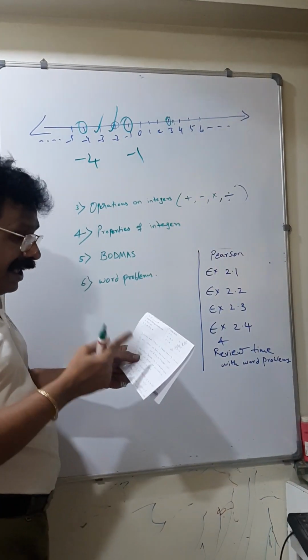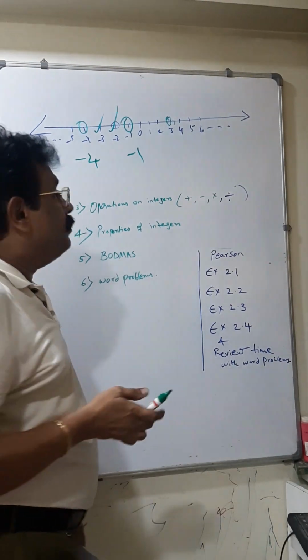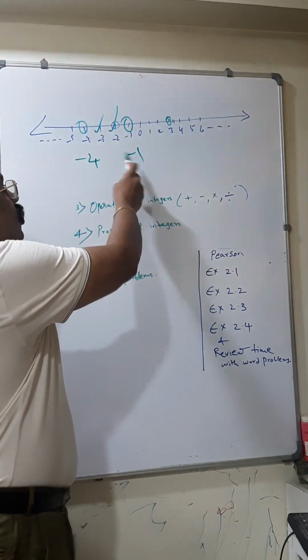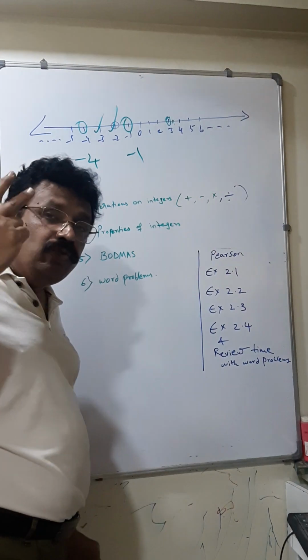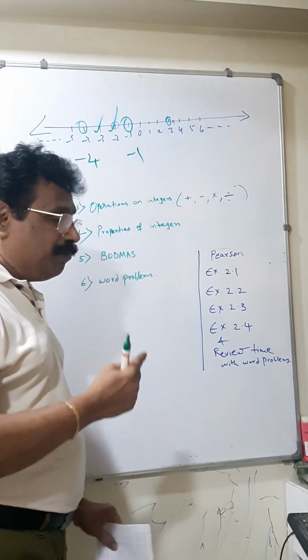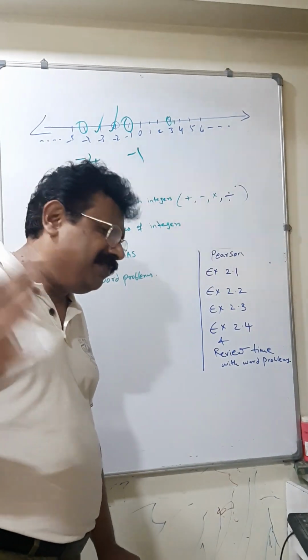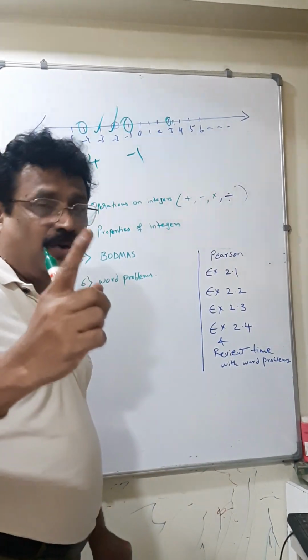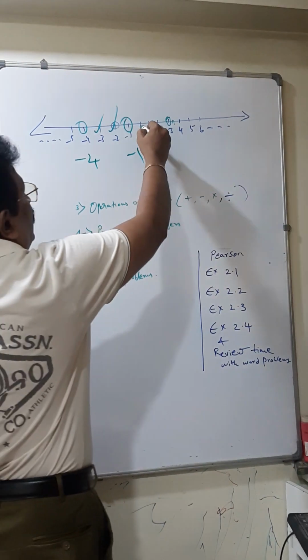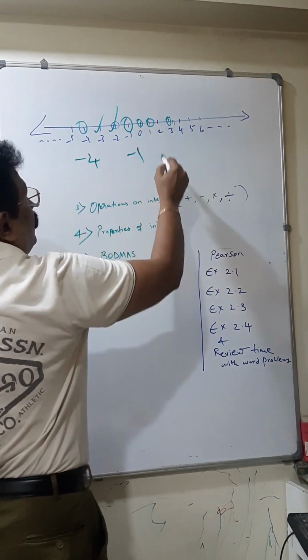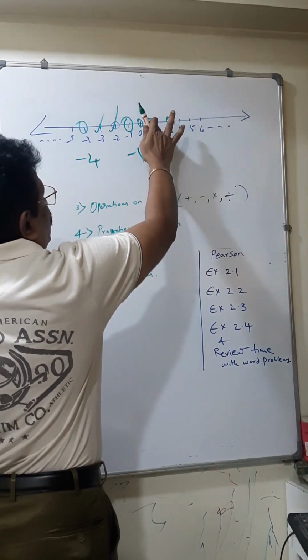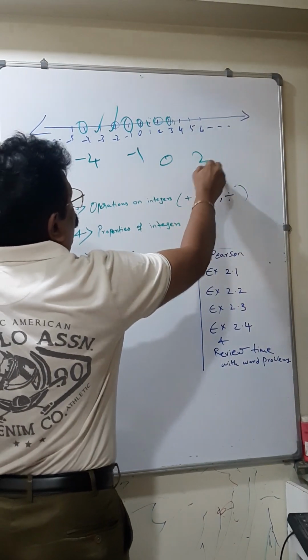What does the property say? At least one. Between two non-consecutive integers, the rule says there is at least one integer. There can be 2, 3, 4, 5, 6, infinite, but at least one होगा. Now if I take 0 and 1, they are consecutive. 0 and 2 are non-consecutive integers.